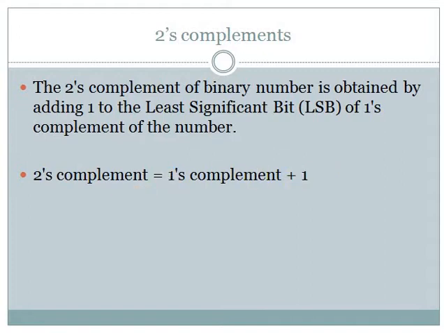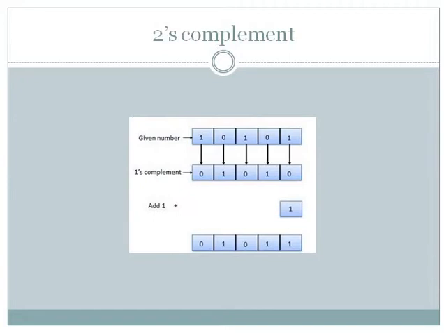We will see one simple example for 2's complement. See here, this is the given number. Then we are performing 1's complement. See here, 1 is changed to 0, 0 is changed to 1, 1 is changed to 0, 0 is changed to 1, 1 is changed to 0. First we have to perform 1's complement. Then you have to add the 1 in the least significant bit.